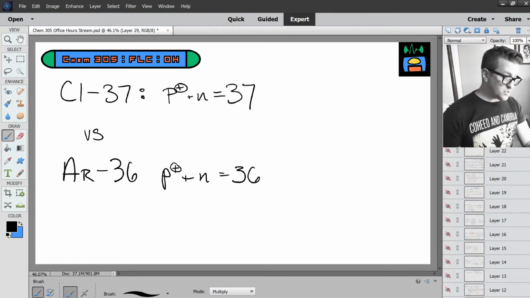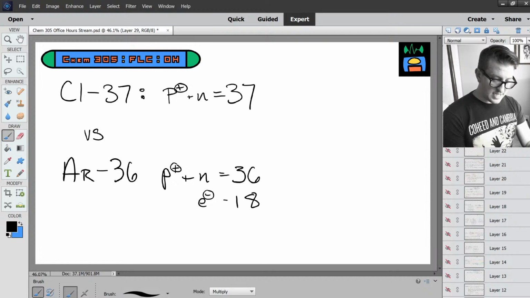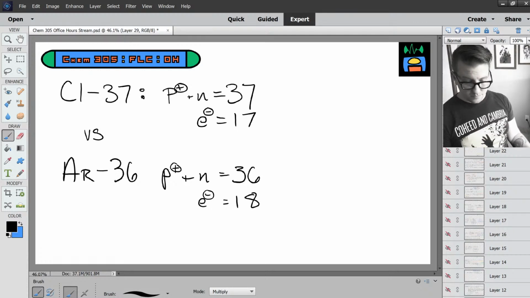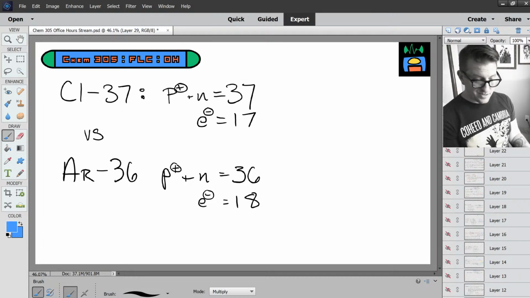Now for the number of electrons, we have to look it up on the periodic table. Argon has 18 electrons. Chlorine has 17 electrons. When we add 37 and 17, it adds to 54.